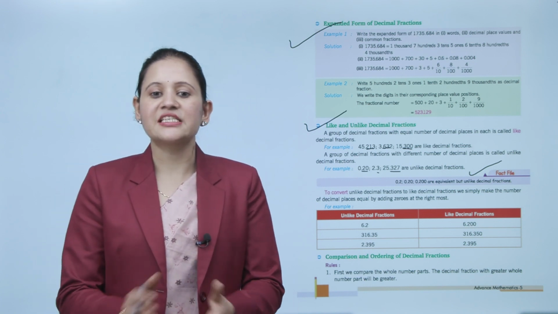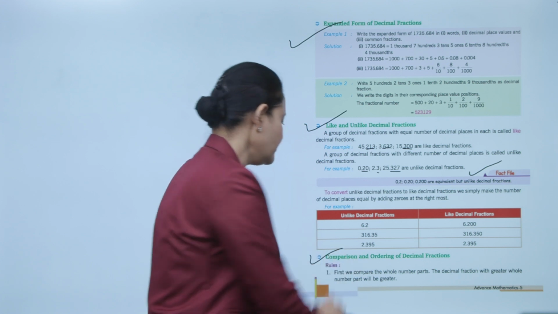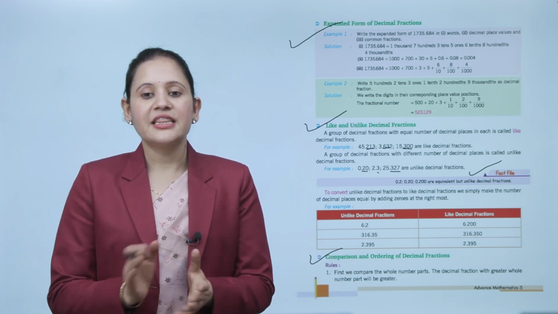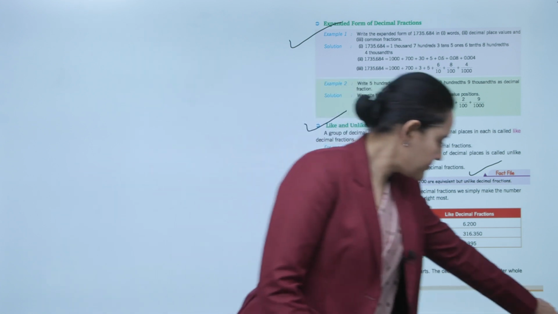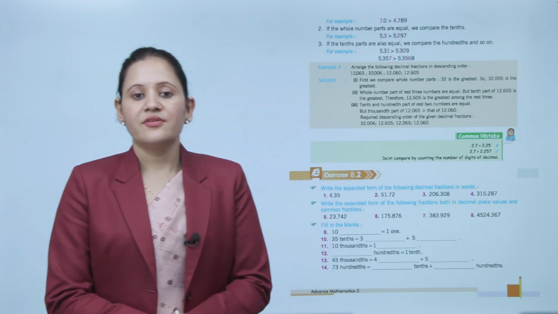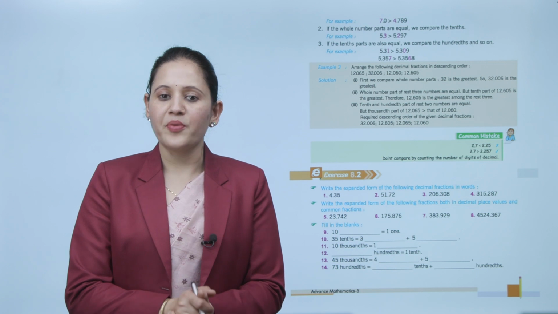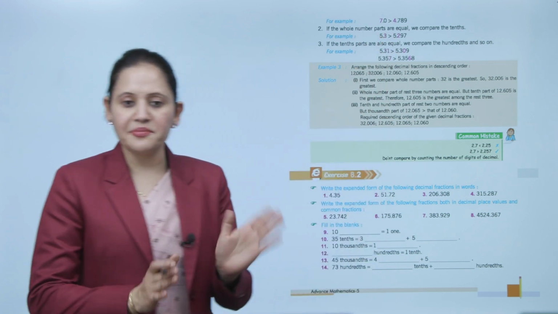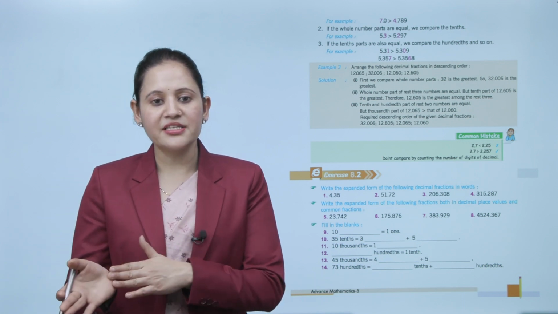Clear? Next is comparison and ordering of decimal fractions. So, rules. First, we compare the whole number part. The decimal fraction with the greater whole number part will be greater. For example, 7.0 is greater than 4.789 because 7 is greater than 4. The one with the bigger whole number part will be greater. If the whole number parts are equal, we compare the tenths.